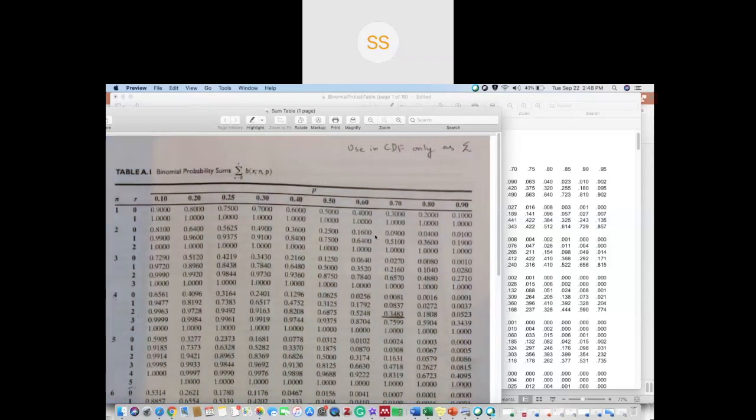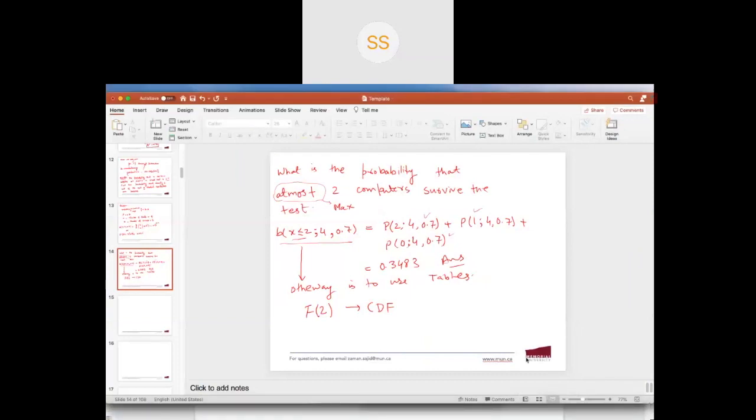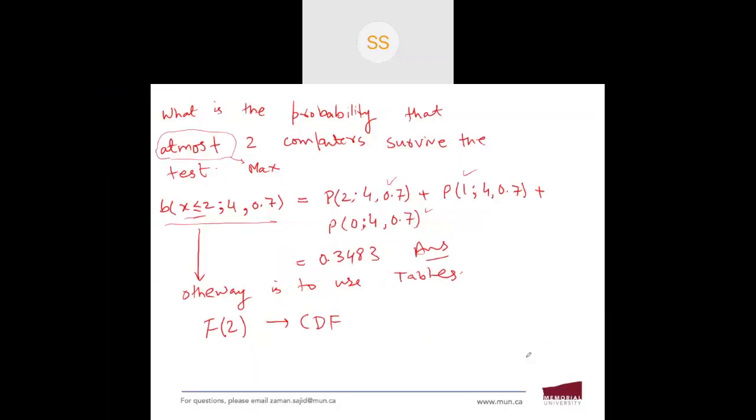Okay. Now we will go back to the slides here. What were my values here? P is 0.7, which I was interested to find out. N is 4, and my r is 2.